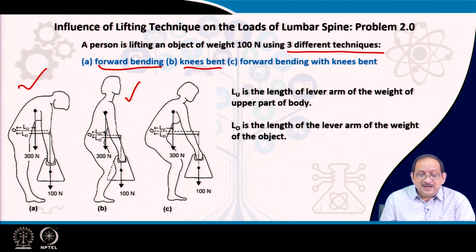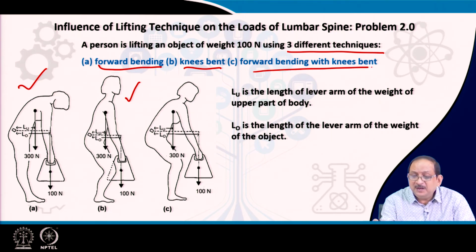So, the weight is carried closer to the body in case B, and the third case C is forward bending with knees bent. So, you can see here that there is forward bending and the weight is being carried in a position when the knees are bent.